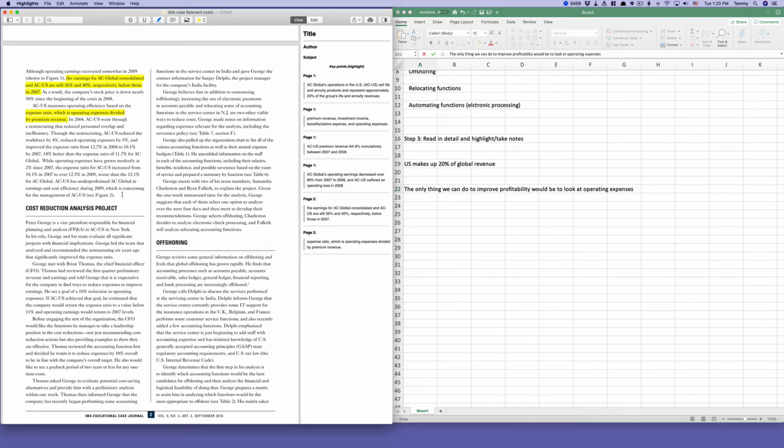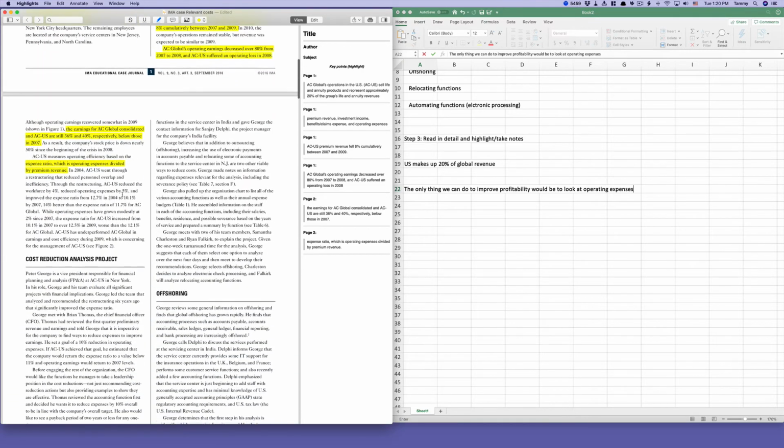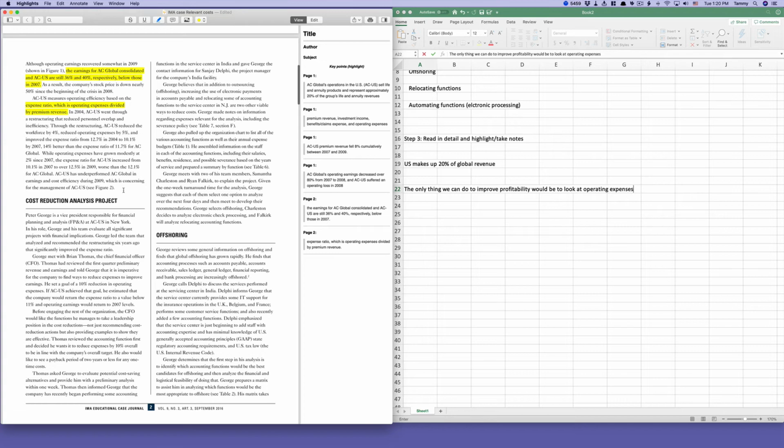Okay. So we get through this first sort of discussion about profits, and then we start talking about the meat of what it is that we're trying to look at here. And again, this is a true story, right? Somebody actually did this consulting job and wrote it up for this major insurance company.